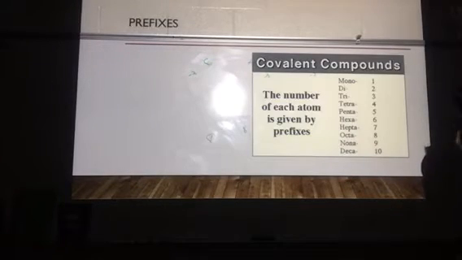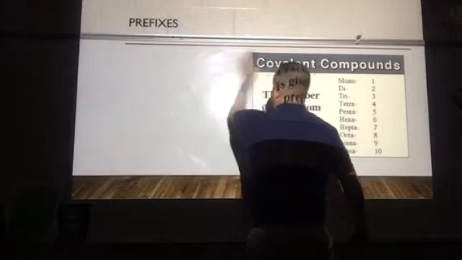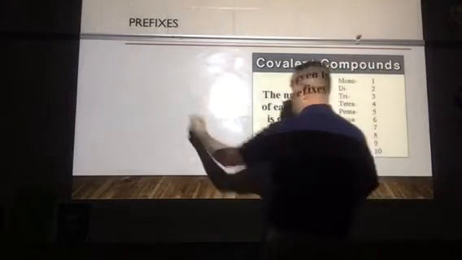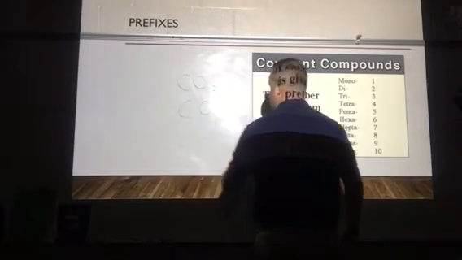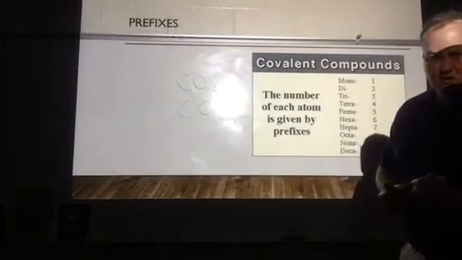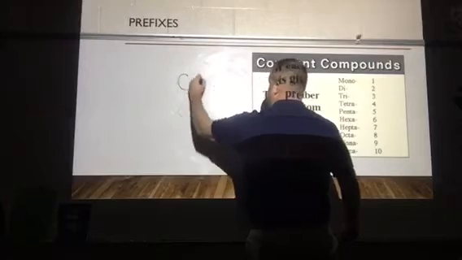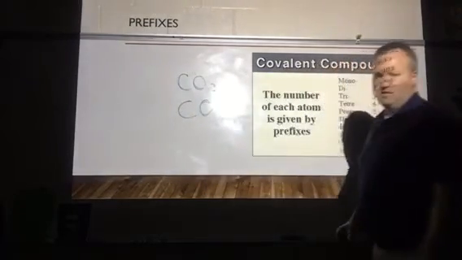And the reason that we have to be able to name them is because when we have different configurations of nonmetals coming together, we can have the same elements forming different compounds. So we can have, for example, carbon dioxide, which you can see right here, and we can also have carbon monoxide.